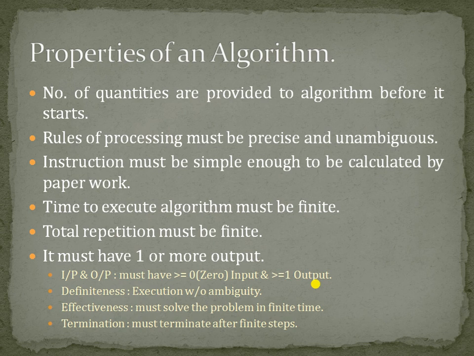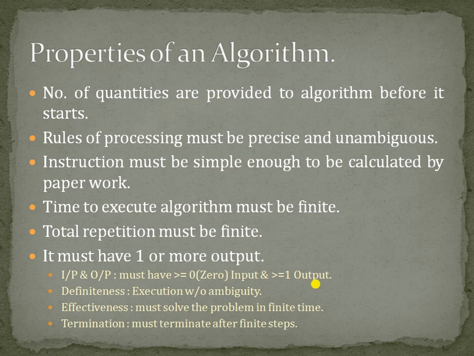Properties of an algorithm. A number of quantities are provided to the algorithm before it starts. The rules of processing must be precise and unambiguous. Instructions must be simple enough to be calculated by paperwork. Time to execute the algorithm must be finite. Total repetition must be finite.